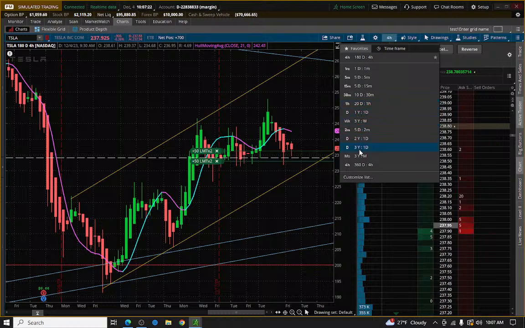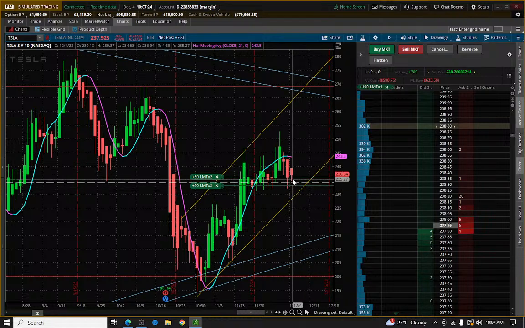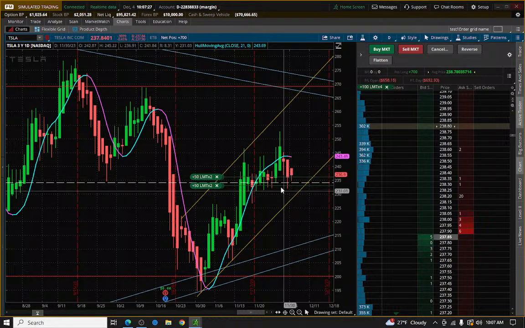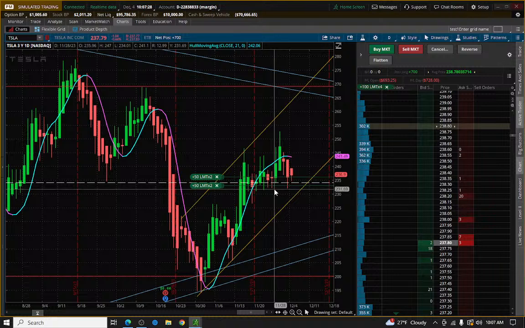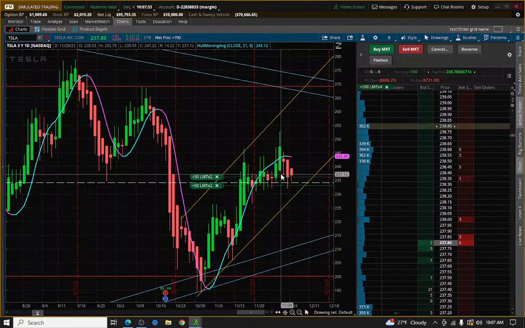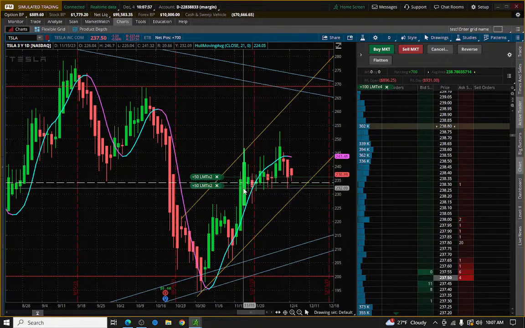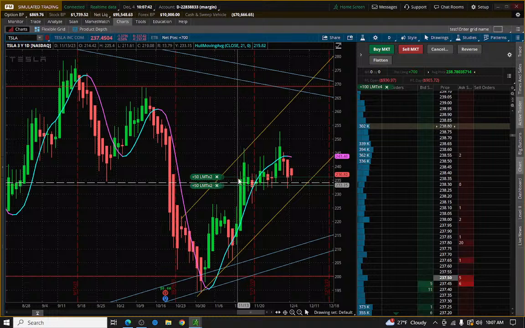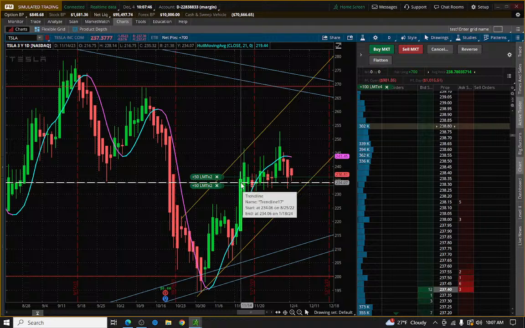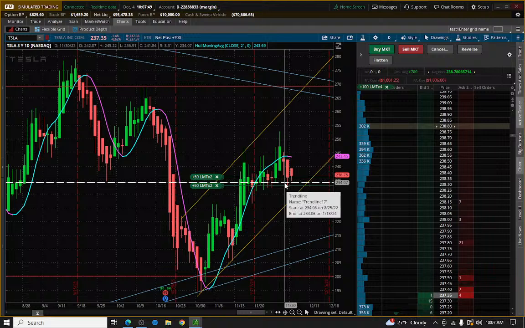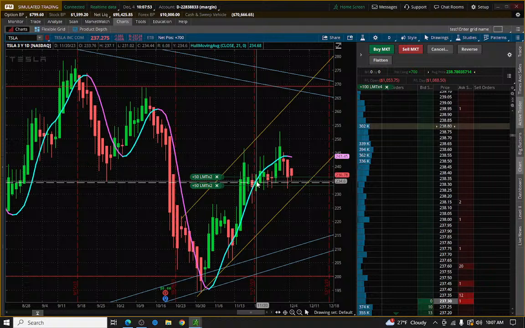Let's look at the daily quick. Daily, look at this consolidation here. It's just wild. We got 1, 2, 3, 4, 5, 6, 7, 8, 9, 10, 11, 12, 13 days. Actually, we went into it 14 days, about 2 weeks of trading days, not counting weekends, that we've been in this consolidation zone.